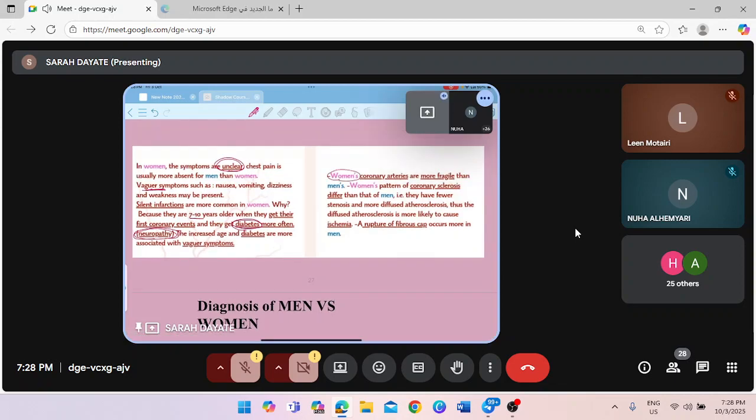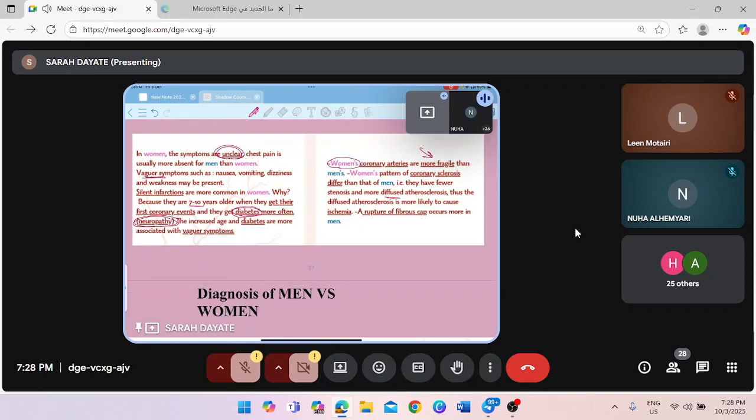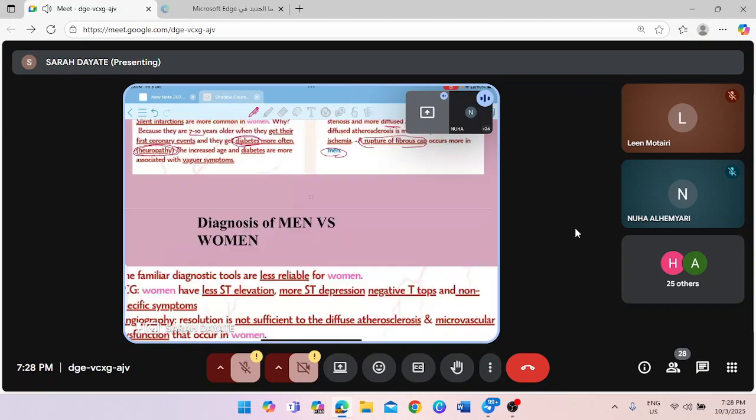And the woman's arteries, I said, are more fragile. The pattern of the coronary sclerosis is different, because they have fewer stenoses but more diffuse atherosclerosis. I will show you a picture. This is why it's more likely to cause ischemia, because it's present in more than one area. But rupture of the fibrous cap is more common in men, because it's concentrated in one area.